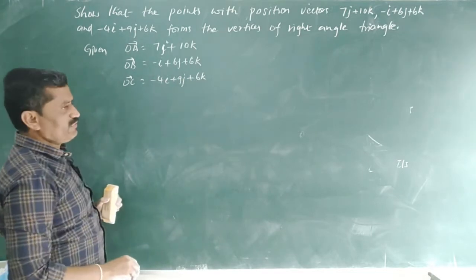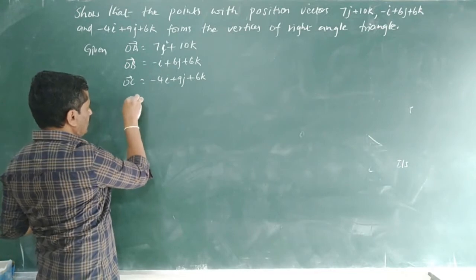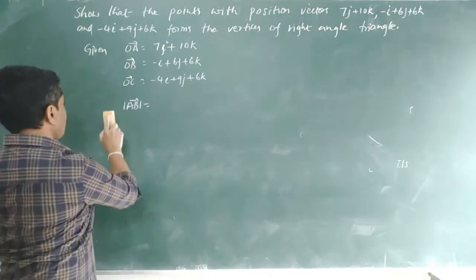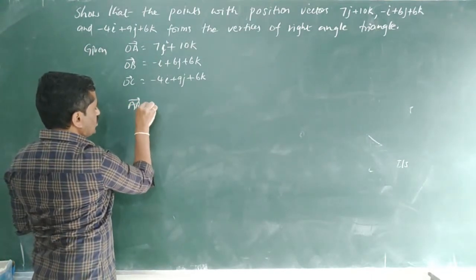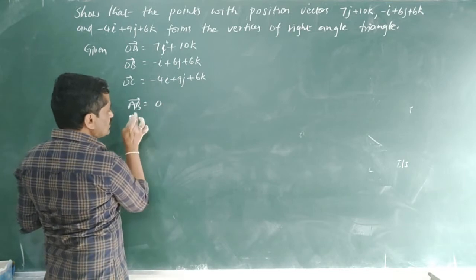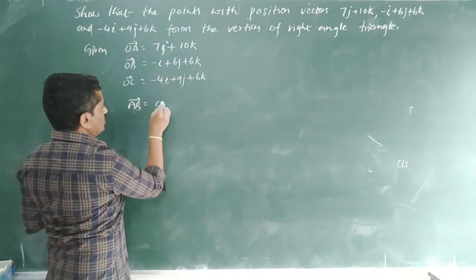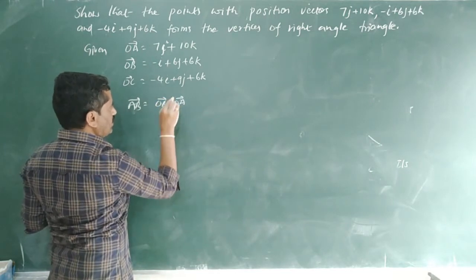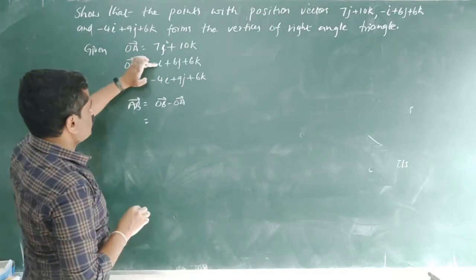So here we need to find AB bar. Expressing this vector in terms of its position vectors, AB bar is OB bar minus OA bar. This minus this.